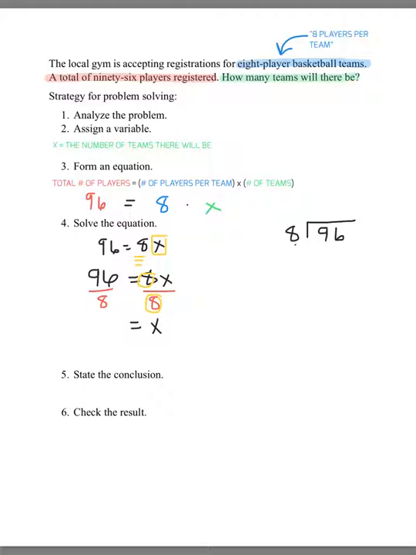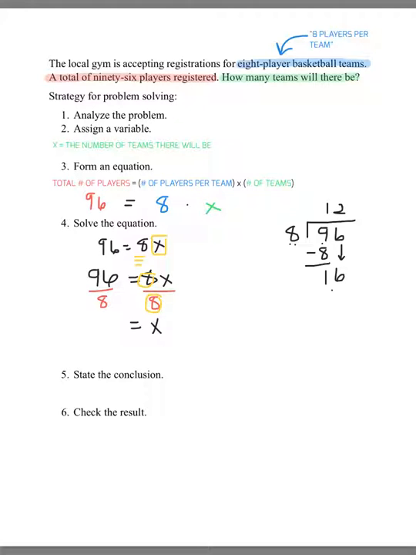So the question is, how many times does 8 go into 9? The answer is 1. So we'll do 1 times 8, which is 8. And now we'll do 9 minus 8, which is 1. Then we bring down the 6. And now the question is, how many times does 8 go into 16? The answer is 2.